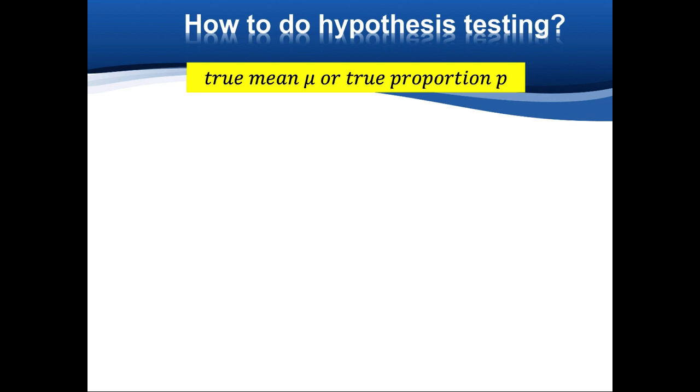Our textbook simplifies the question. That is, you only need to write H0 as equal to. HA involves the claim. If the claim is that the mean or the proportion is less than, we write mu or p less than.